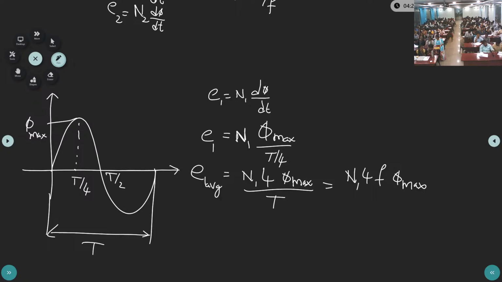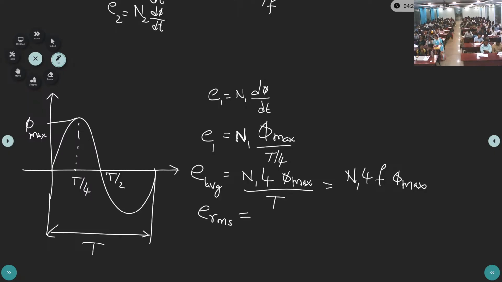Always we consider AC as RMS voltage. So here it is the average voltage, but in AC we require the RMS voltage.